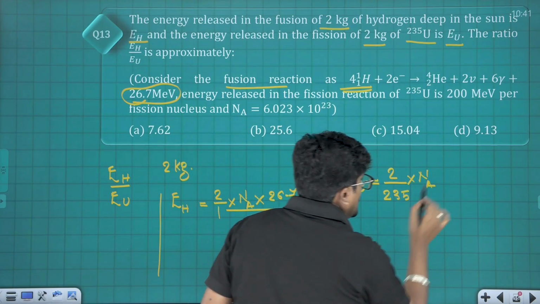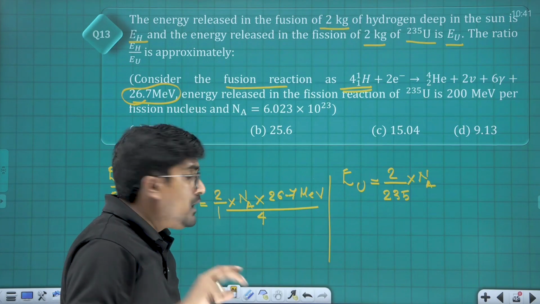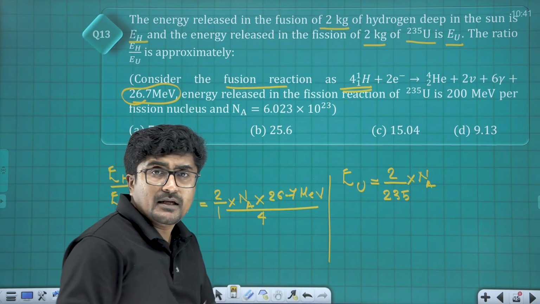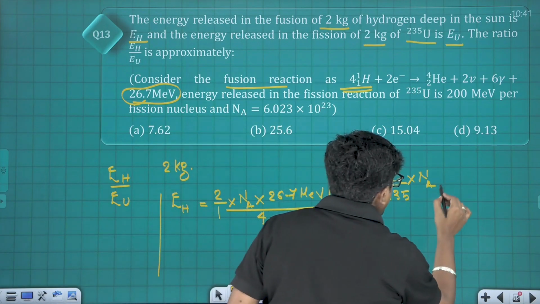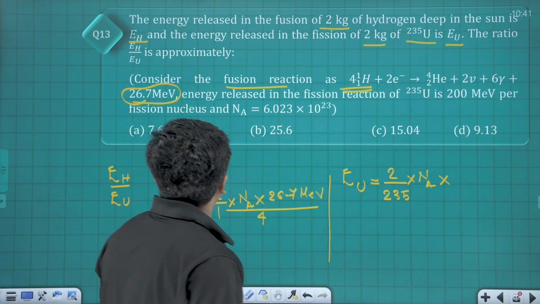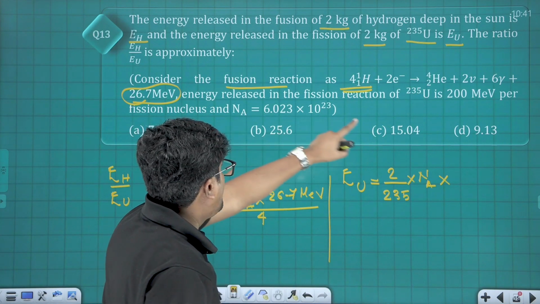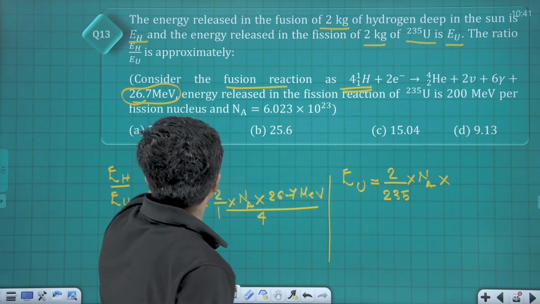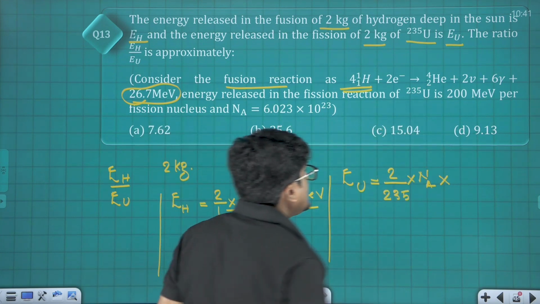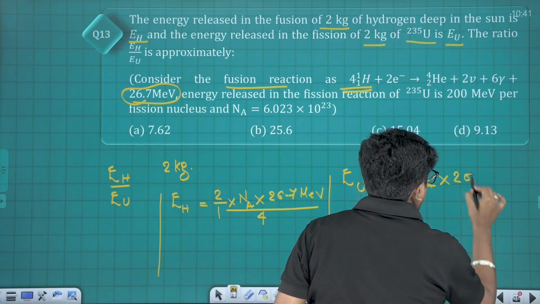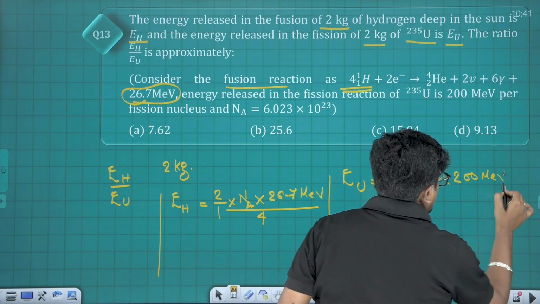Here this is the total number of nuclei actively participating in the fission reaction. Alright, multiplied by the energy released per fission reaction, that is 200 mega electron volt, isn't it? It's 200 mega electron volt.